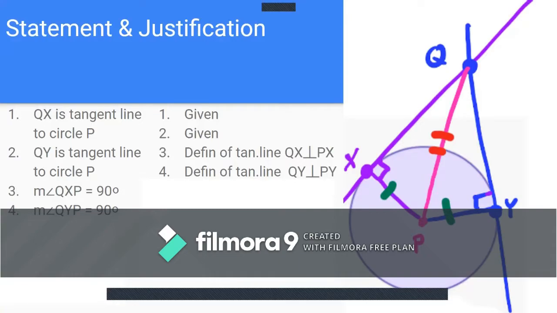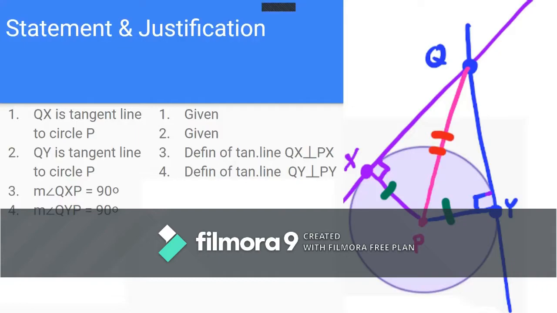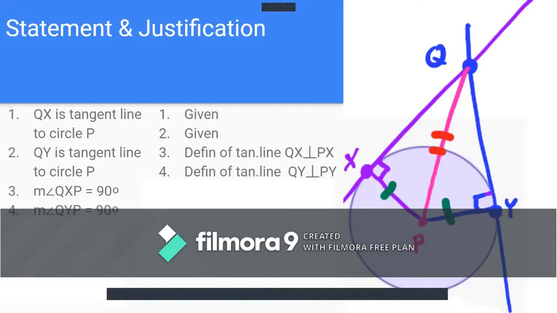Similarly for step 4, the measure of angle QYP equals 90, because it is also the definition of tangent line: QY is perpendicular to PY.